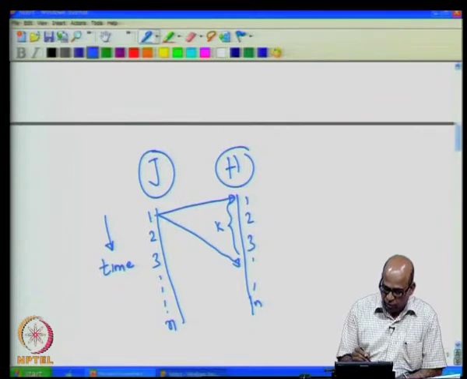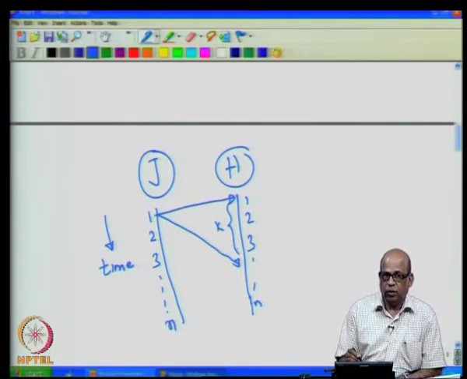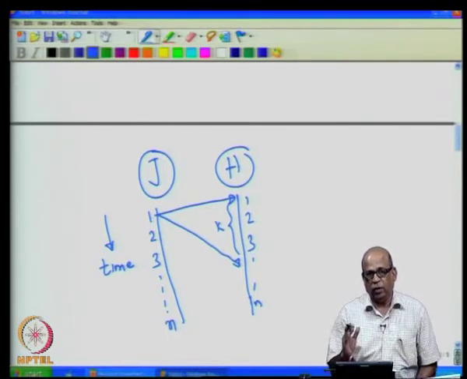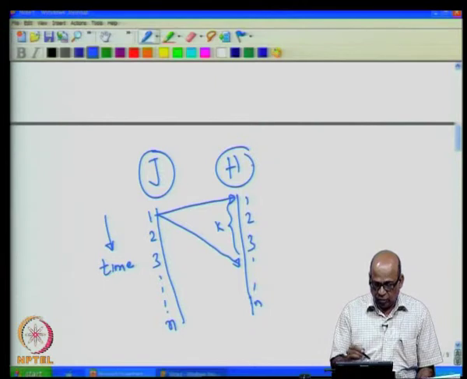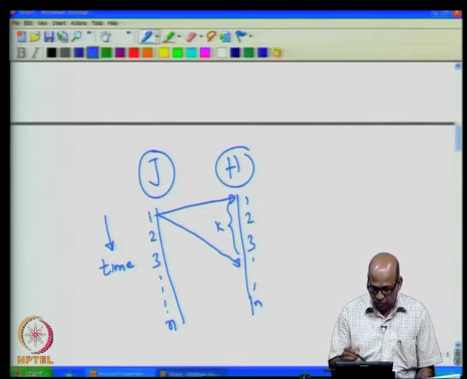So, the correlation between the variable on J at time period t and the variable on H at k time steps apart is what is called the lag k cross correlation between the variable on J and the variable on H, which we denote as x j and x h. So, x j and x h also have cross correlations, and these cross correlations can be at various lags.